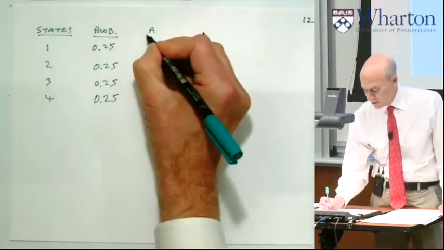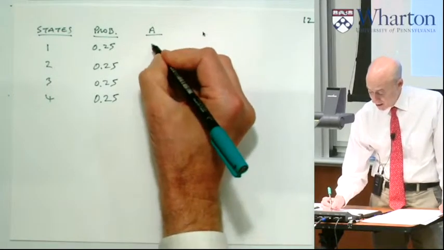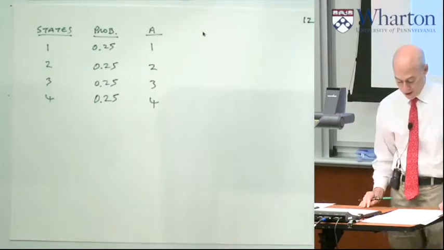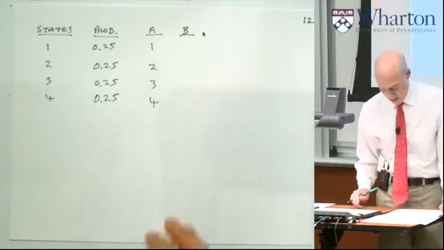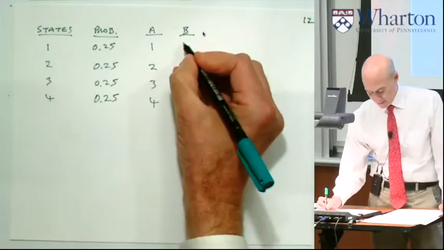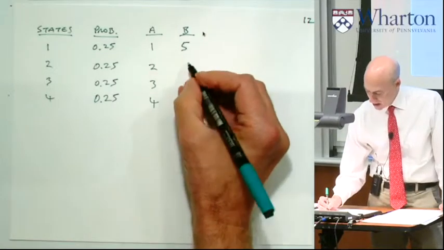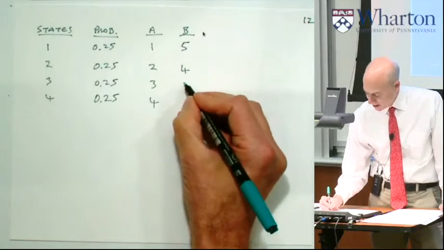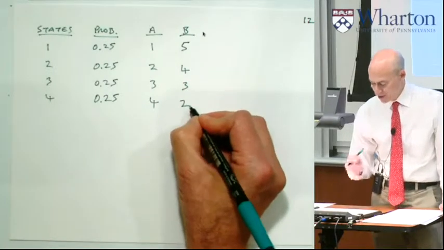Suppose the payoffs of stock A in state 1 is 1, 2 in state 2, 3 in state 3, and 4 in state 4. For B, we have in state 1, 5. State 2, we have 4. State 3, 3. And state 4, we have 2.